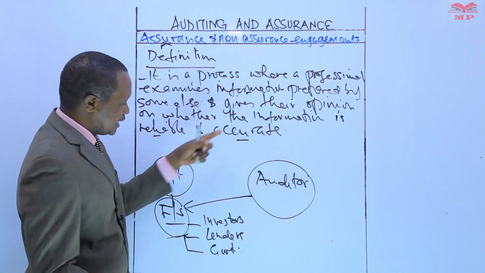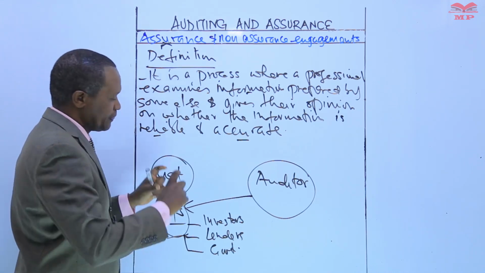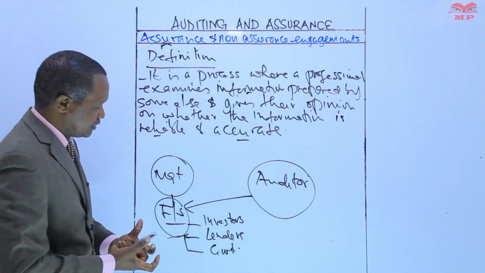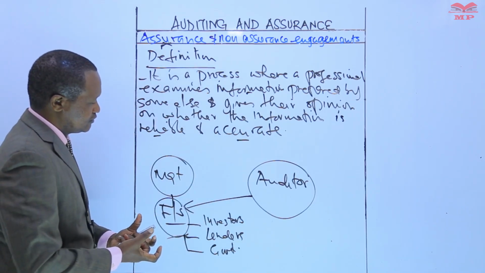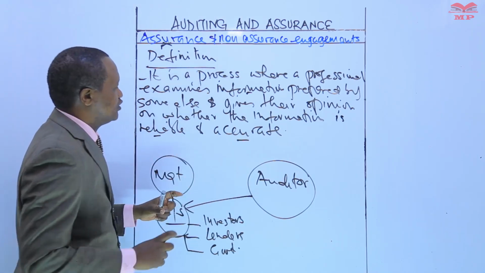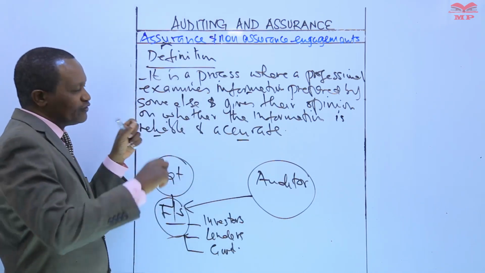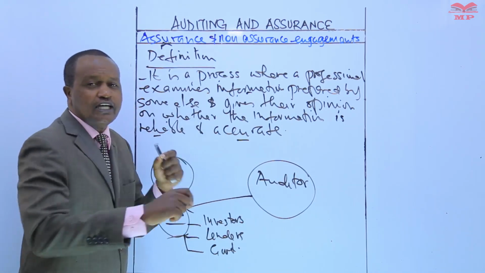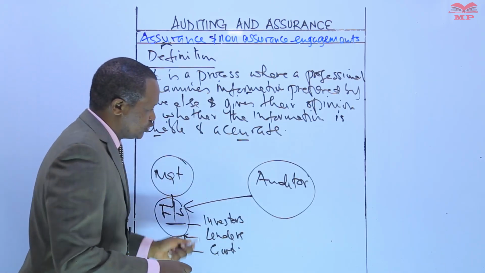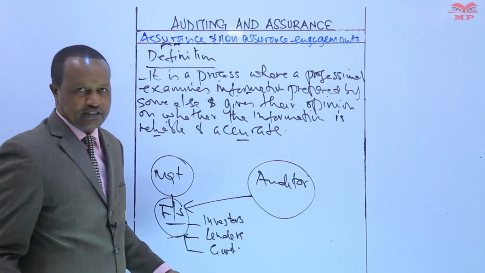So the auditor has to examine whether management prepared these statements based on the accounting framework. After examining these records, the auditor will give an opinion as to whether the information is reliable and accurate, or whether it is not reliable or not accurate, so that it can give the users assurance, a degree of confidence.